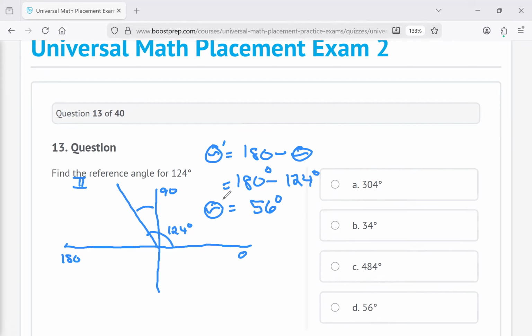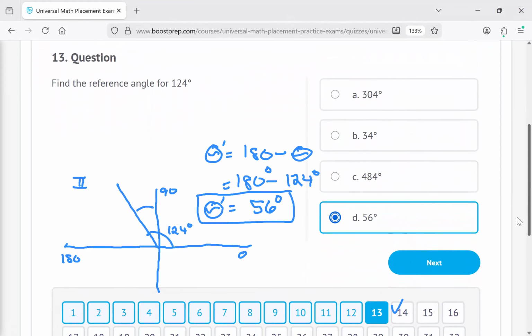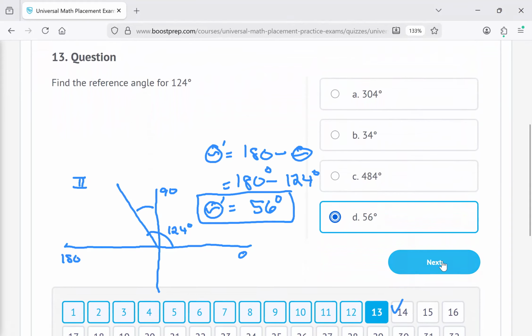So my theta prime is 56 degrees. That is letter D.